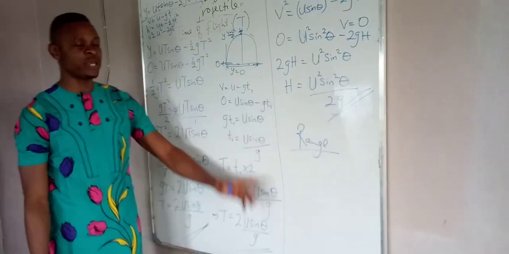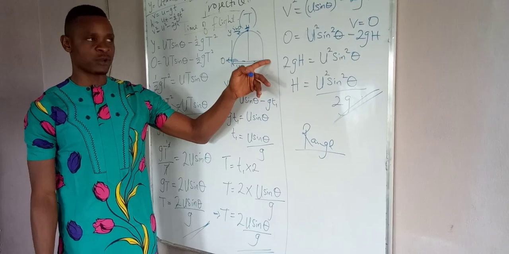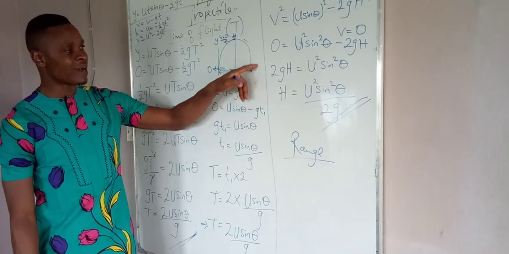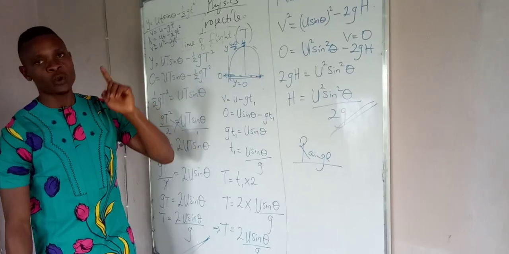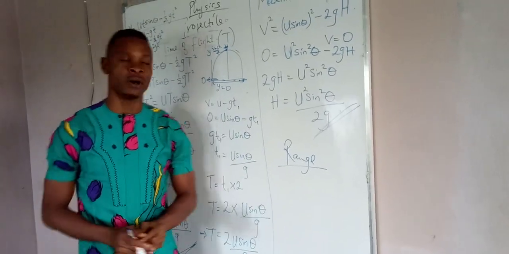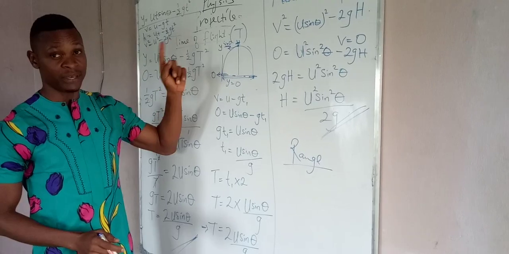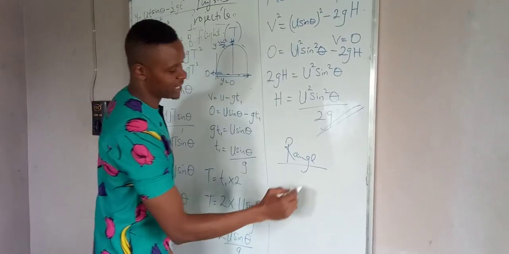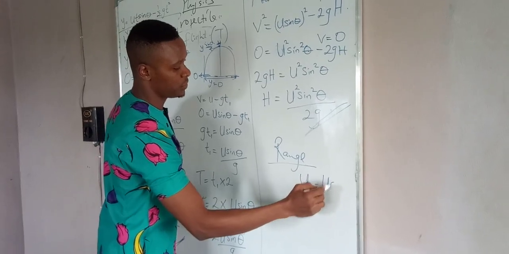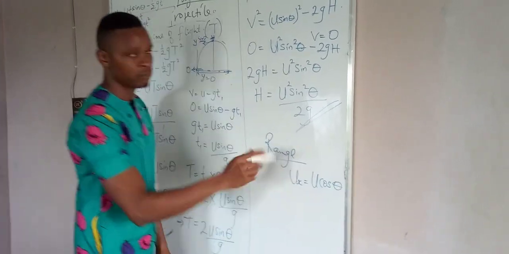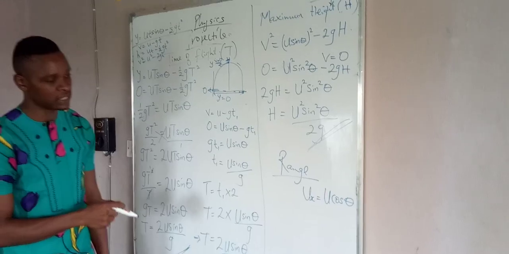Recall that when we are considering its plane of projection, it is now horizontal. So we are considering the horizontal effective value of the initial velocity, that is U, where we have now that U in the x direction is U cos theta. Don't forget this, very important.